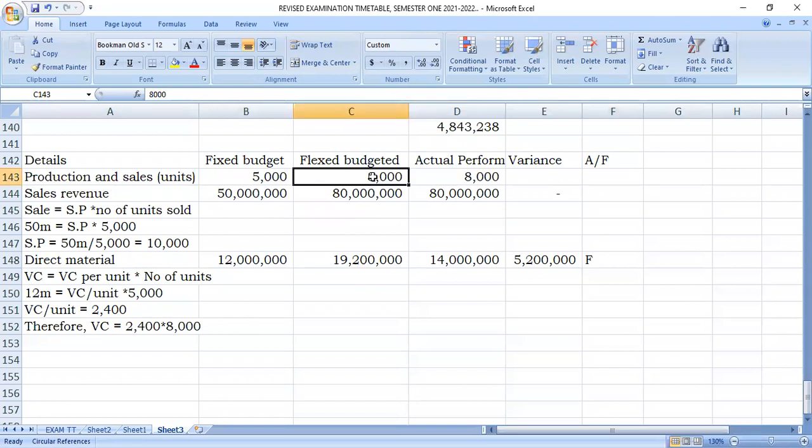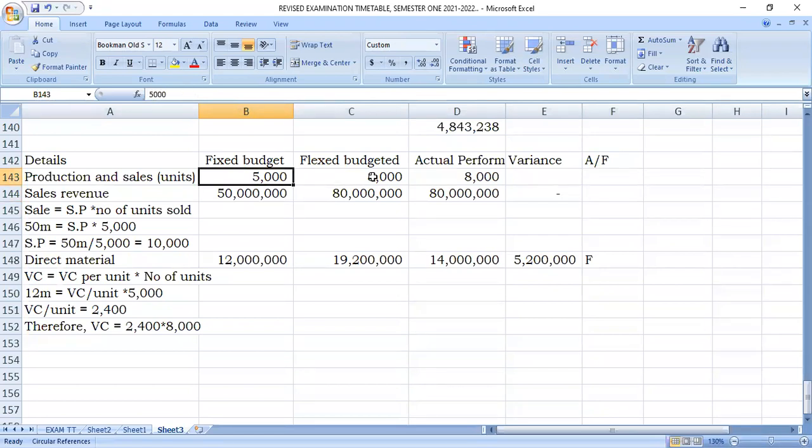Kate and the others, for those who are getting confused, we are saying that under budgeting, when you're making the budget, you have a particular level of activity that you project. But when the actual happens, usually what you budgeted for as the level of activity is different from your actual. And because of that, you don't throw away your fixed budget.